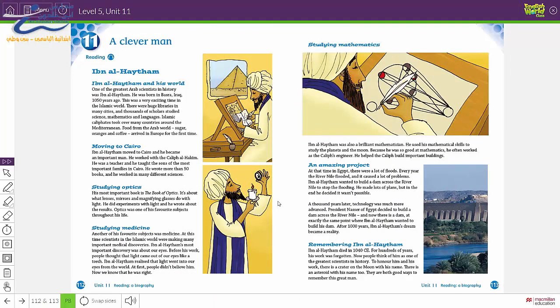Now back to our People's Book, page 112 and 113. Activity 1. Reading. Ibn al-Haytham and his world. Now, listen and find answers to these questions.